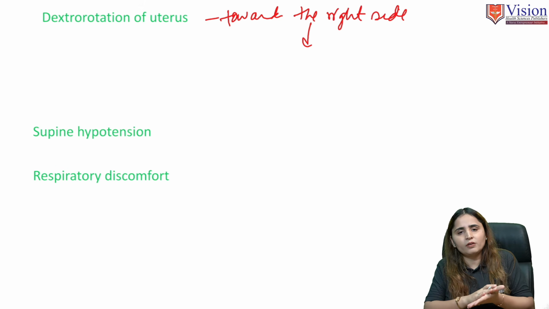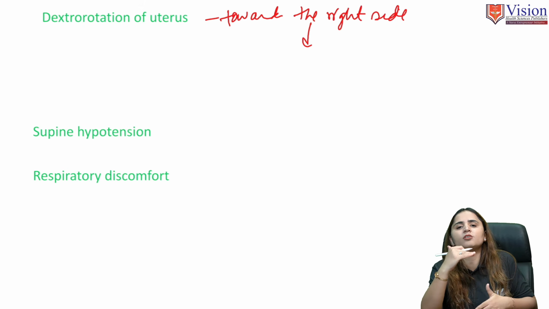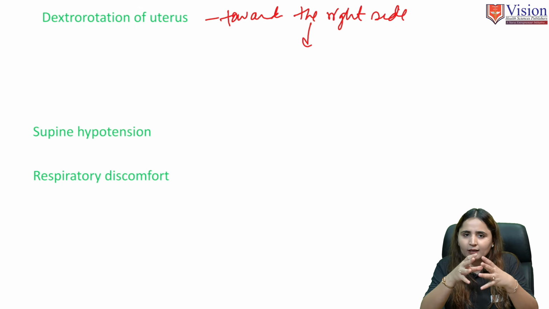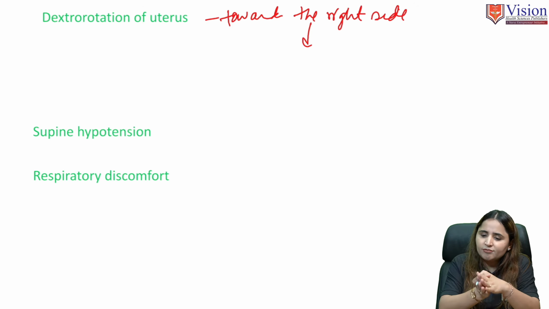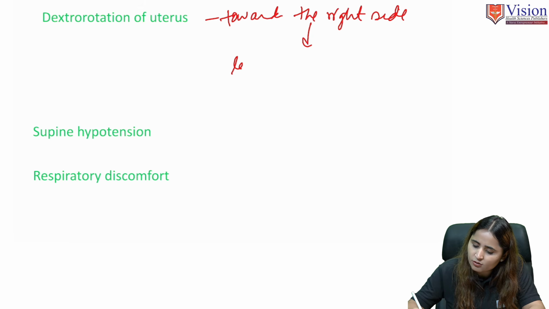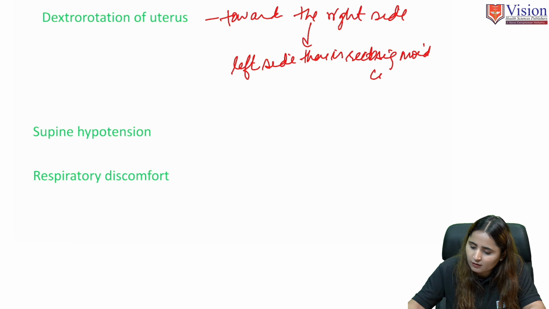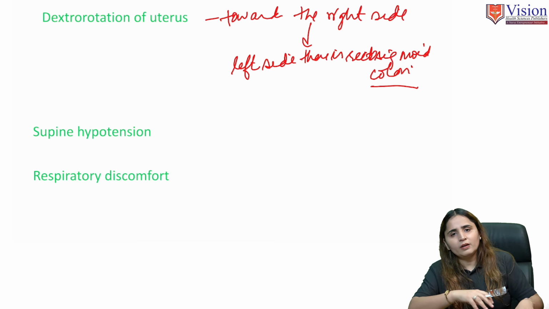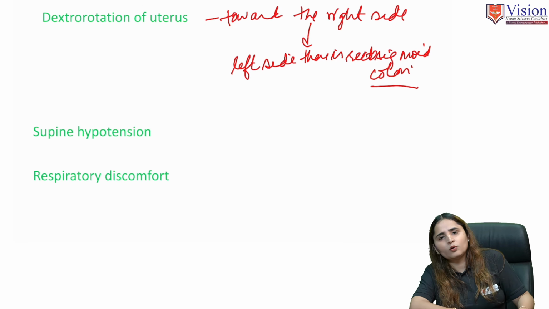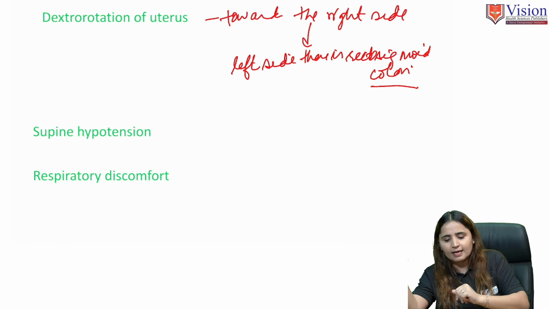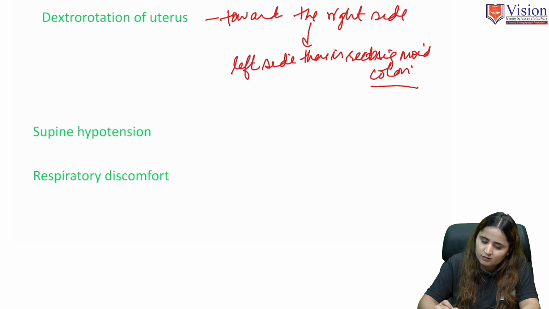After 12 weeks, when the uterus is going to enter into the abdominal cavity, on the left side there is the rectosigmoid colon. Because of it the uterus will rotate to the right side. So dextro rotation of the uterus happens.